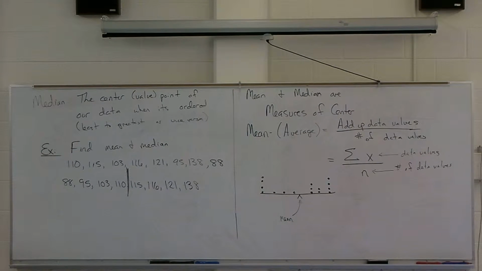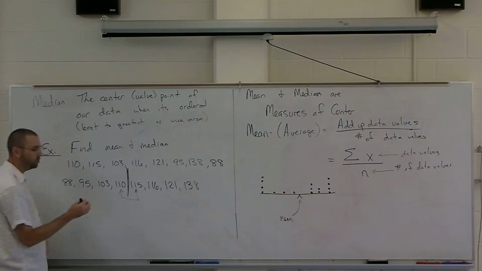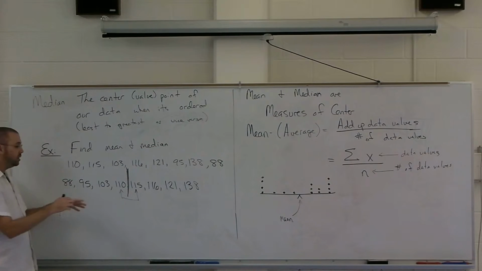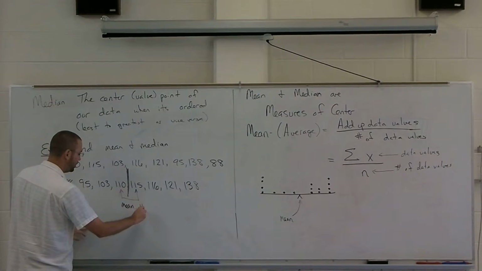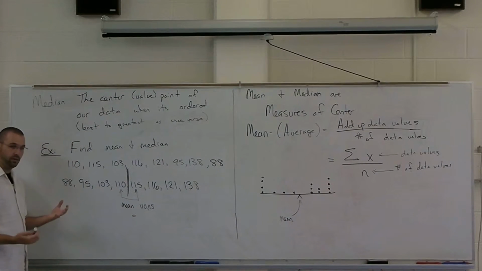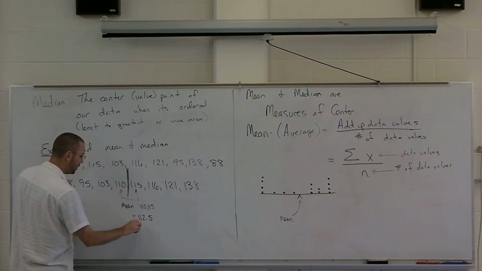In instances like this, where we have an even number of data values, what we're going to do is take the middle two, the two that show up on either side of where that median is supposed to exist. We're going to take those two values and find their mean. So our median is going to be the mean of the 110 and the 115, which is 112.5.